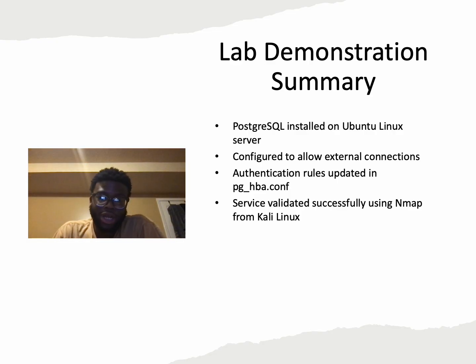That's the slide we just went past. Then service validation is done successfully using Nmap from Linux. So once you've allowed external connections and done the authentication configuration, the Linux machine, Kali, will be able to see the ports as open when you use Nmap.